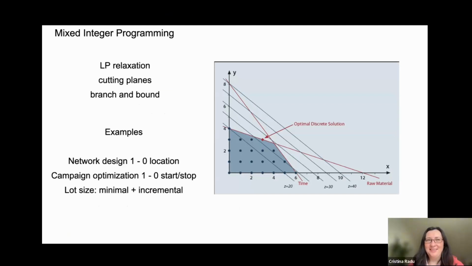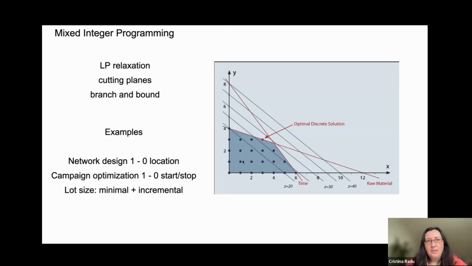Thank you for that. A few comments about mixed integer programming. So what is the biggest difference, right? I explained in the previous case. When we have linear programming, we have a convex shape, and all the points inside are feasible points, and we know that the solutions are the extreme points.